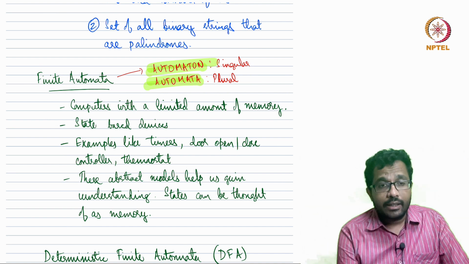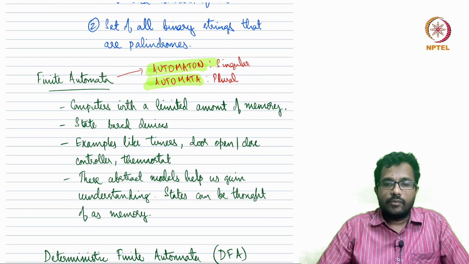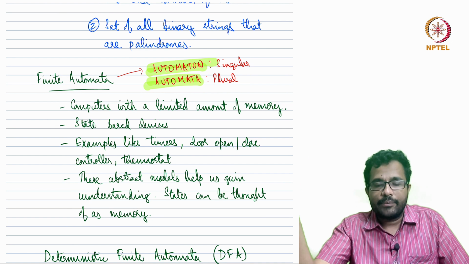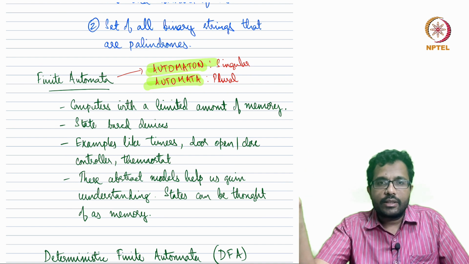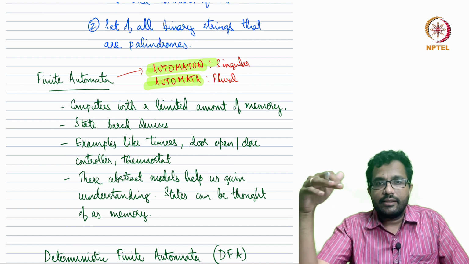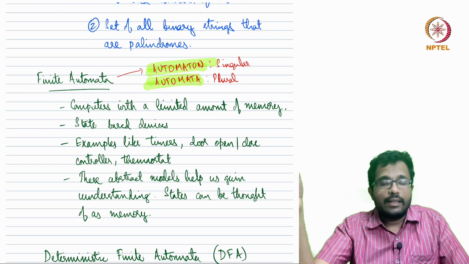We may have a thermostat. Let's say a room heater or a water heater in our respective houses will have what is called a thermostat. The goal of the thermostat is to maintain the temperature of the water in the water heater. Let's say it has to maintain at 50 degrees Celsius.